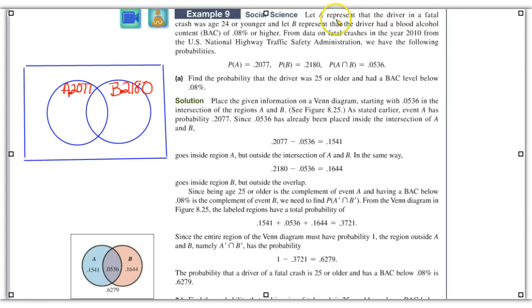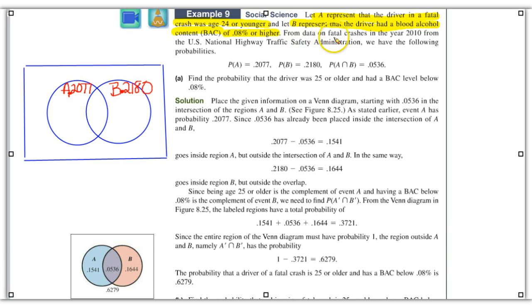All right, as we look at example 9 here, I had to make it a little smaller so it would fit on the page. Let's set A represent the driver in a fatal crash that was 24 or younger, and B will represent the driver that had a blood alcohol content, a BAC, at the legal limit, 0.08 of 1% or higher.